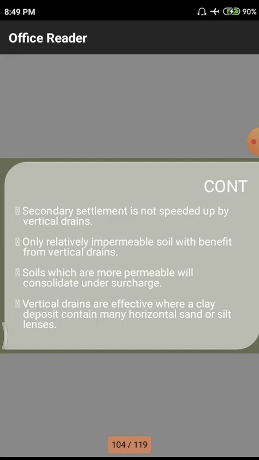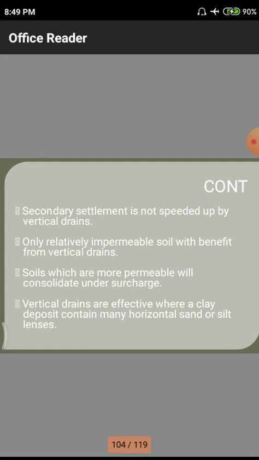Next one: vertical drains are effective where a clay deposit contains many horizontal sand or silt lenses. Effective means they have a huge capacity to remove the water. Wherever there are clay deposits, the particle size is very small.